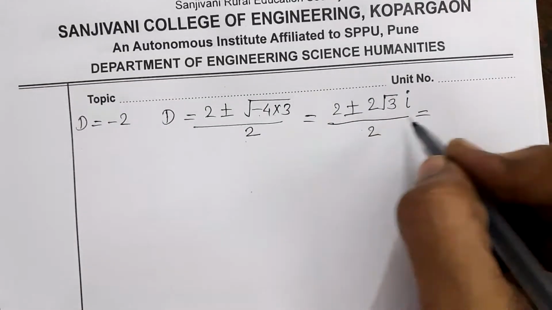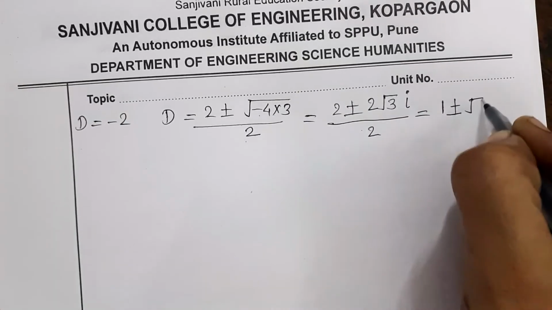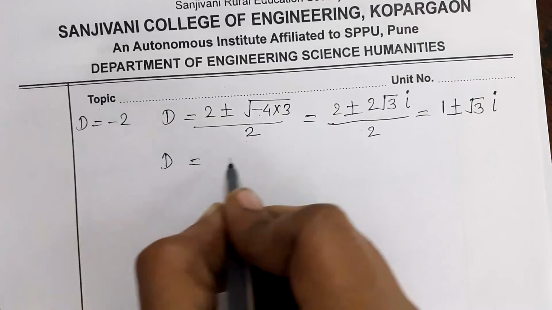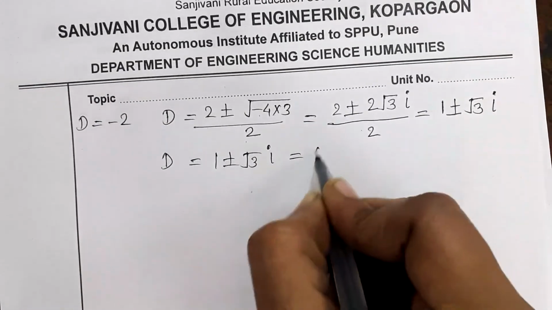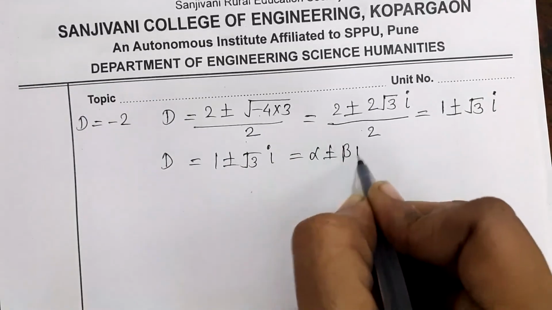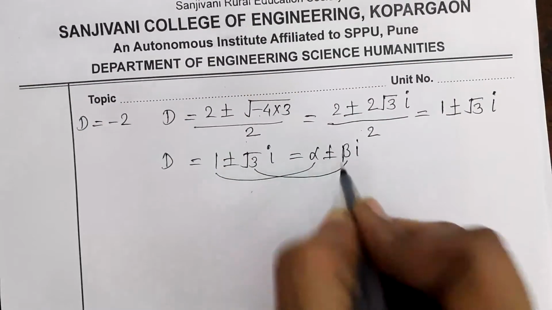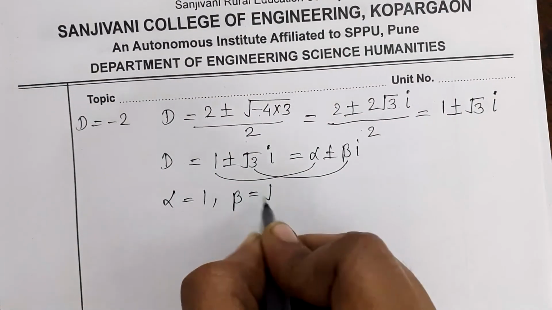Dividing by 2, it is 1 plus minus root 3i. Now compare this D, 1 plus minus root 3i, with alpha plus minus beta i. What are the values of alpha and beta? Alpha is 1 and beta is root 3.